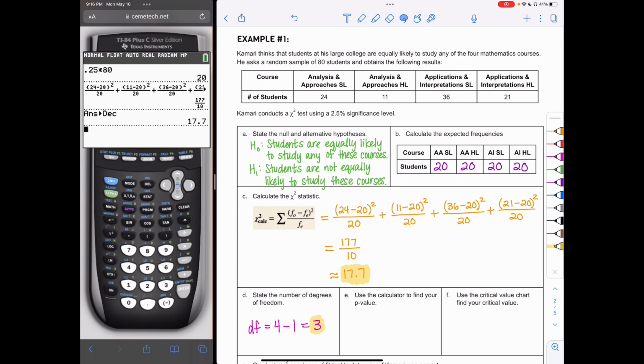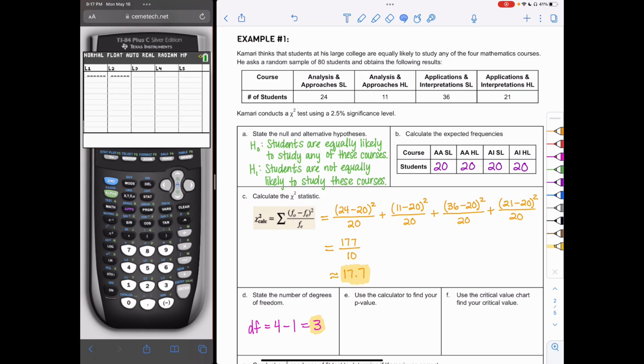Next, we are going to use the calculator to find the p-value. In order to find the p-value, I'm going to run my test in the calculator. So I'm going to press stat and then edit.